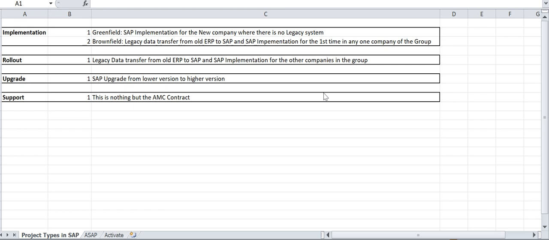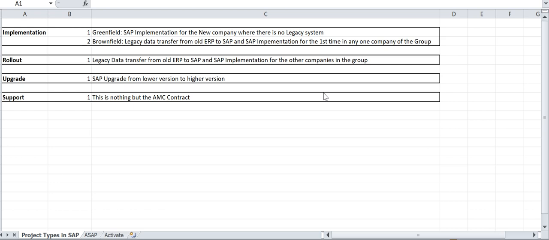Let's say in a group of companies there are 10 companies. Out of those 10 companies, if any one company plans to implement SAP for the first time, for that company itself it will be called a brownfield implementation.